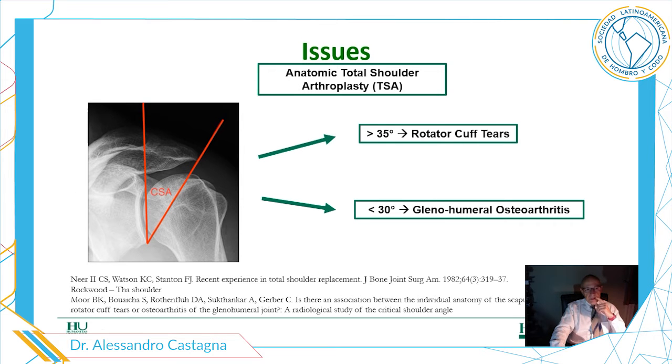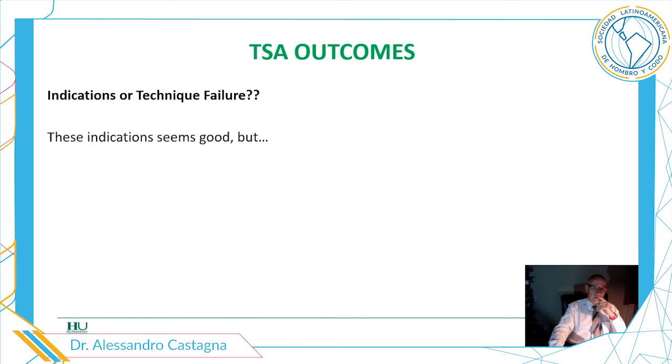Another important thing that is coming to our attention is the critical shoulder angle that is not only related to rotator cuff failure, but also to the development of glenohumeral arthritis, and eventually may affect the biomechanics and the soft tissue balance when we make an anatomical replacement.